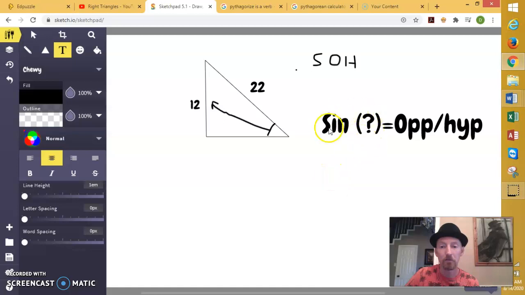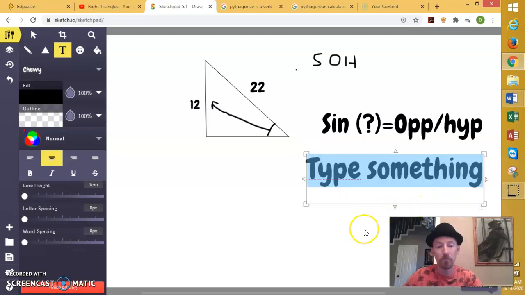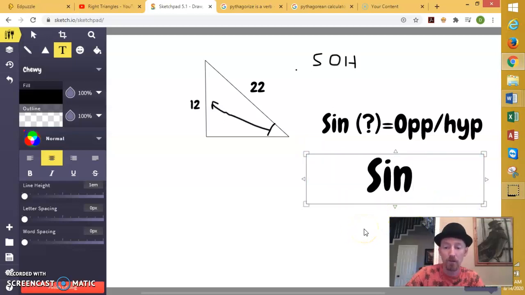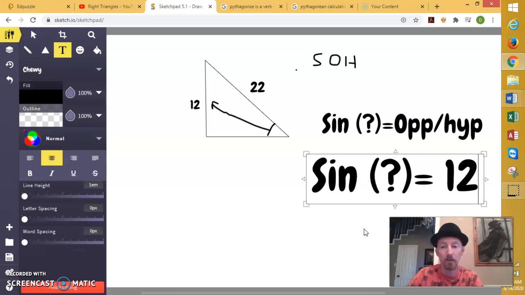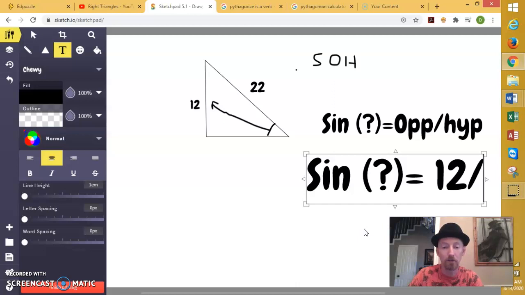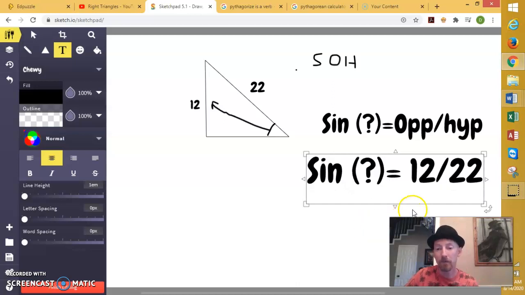And so what's this going to look like? The opposite side is 12. The hypotenuse is 22. So what happens is people will take 12, divide by 22, and they'll get some decimal here, right?